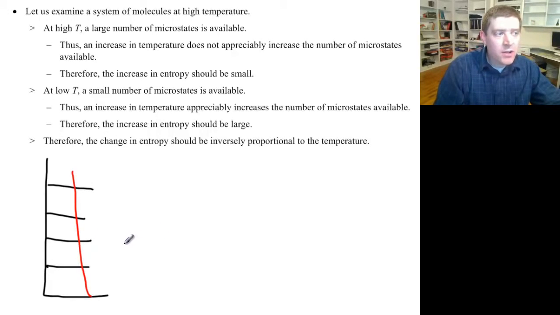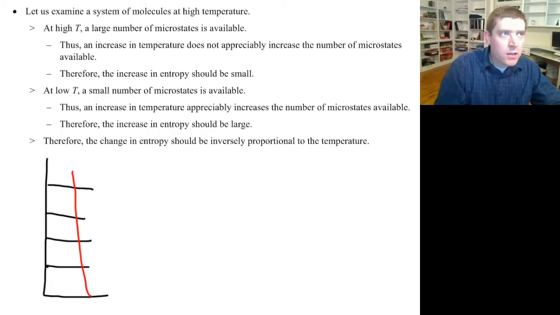And so an increase in the temperature doesn't change the relative populations of the high and low energy microstates much. And so the increase in entropy should be small as we increase the temperature a little bit when it's high.